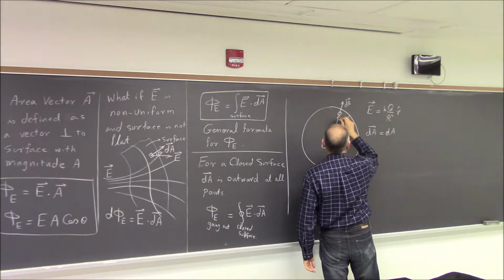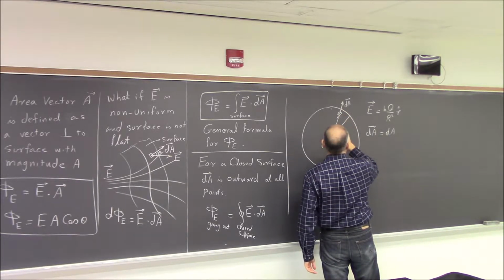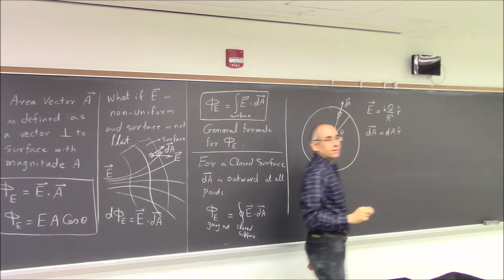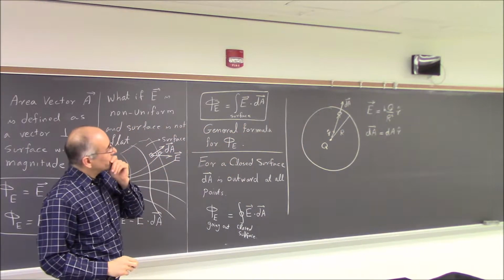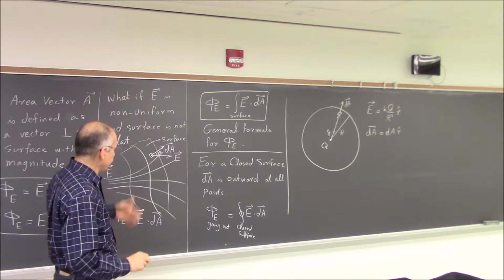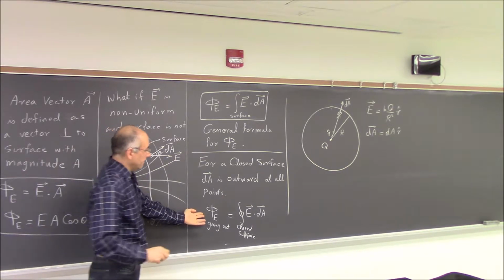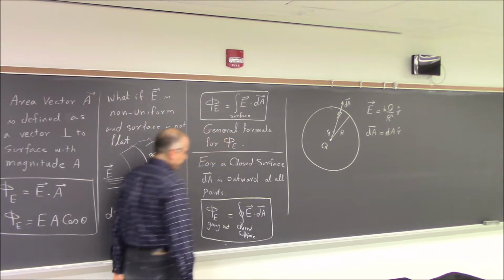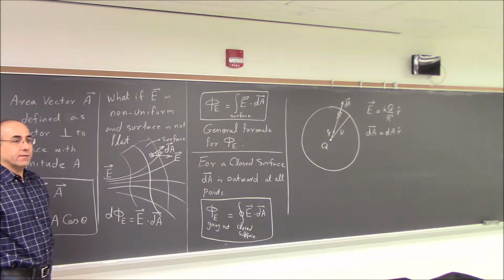If this is r hat, this is also in the direction r hat, right? And now if you go back to this, we need to calculate the flux going through this surface, right?